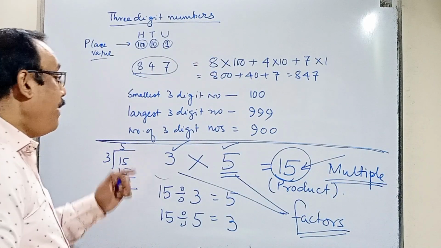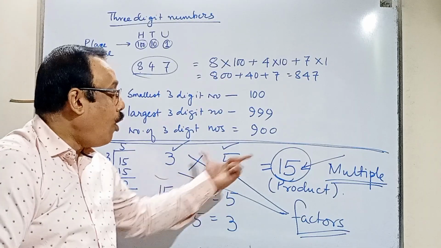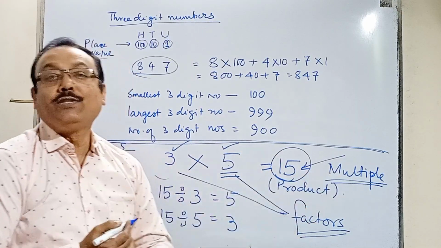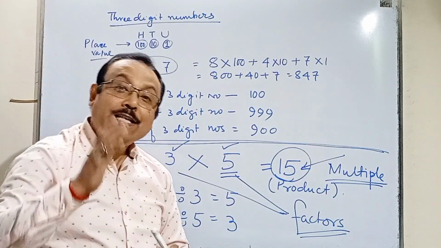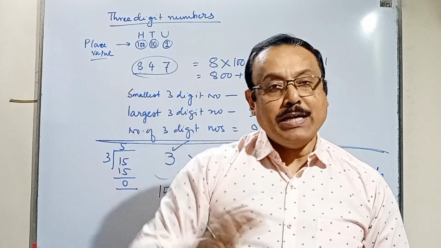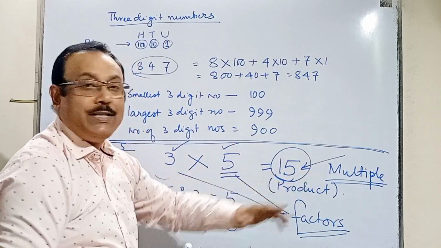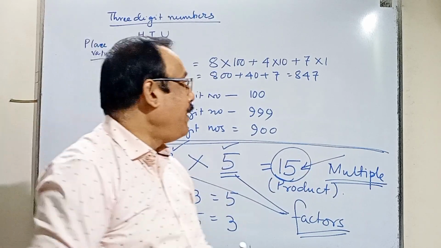What is a multiple? Whenever we multiply two factors, the value or product that we get is called a multiple. So a multiple is obtained by the multiplication or product of two or more numbers. There is another way of defining multiples.